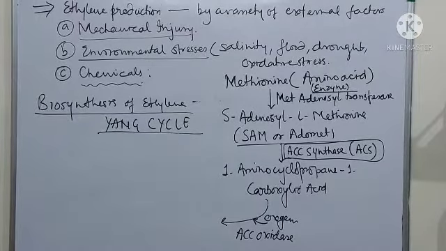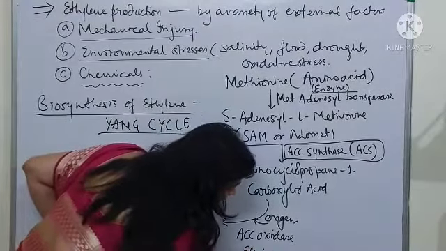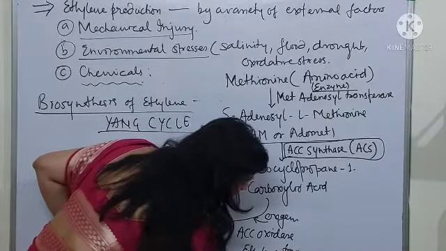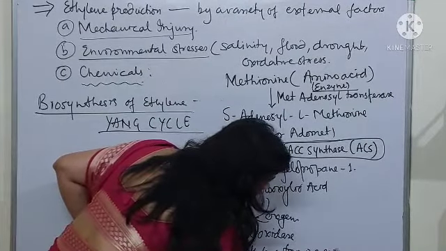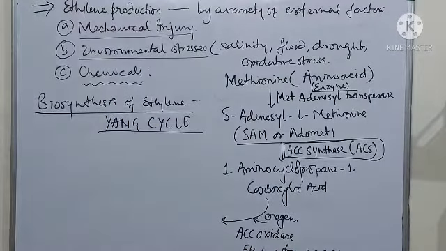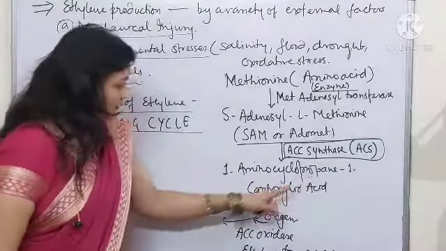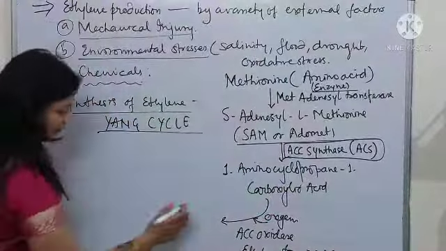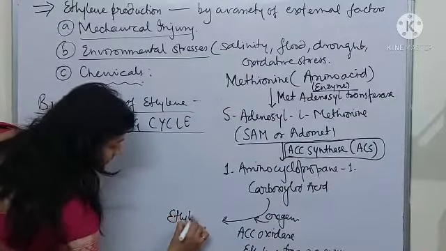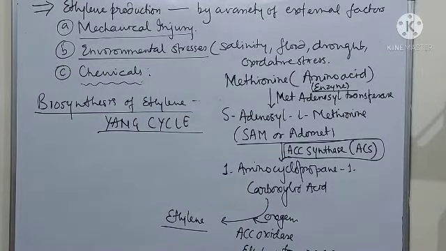This ACC oxidase enzyme is known as ethylene forming enzyme. And finally 1-aminocyclopropane-1-carboxylic acid forms ethylene. So this is the biosynthesis of ethylene.